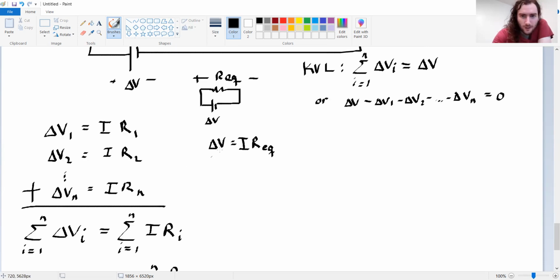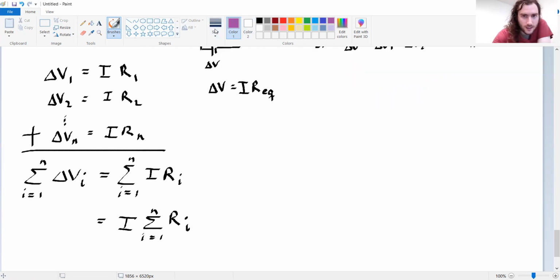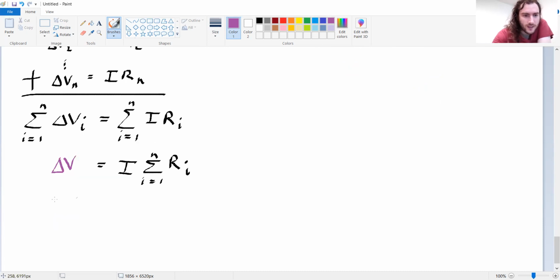And on the left side, what can we do? Well, if we look up at our Kirchhoff's voltage law here, and I know I'm not using much color here, sorry about that, Kirchhoff's voltage law says that the sum of all the delta VI's is equal to delta V. So let's put that in there. So this is delta V now. And we can rewrite delta V again as I times Req. And now we see what's going on here. Let me get out the red here, and we cancel I on both sides.